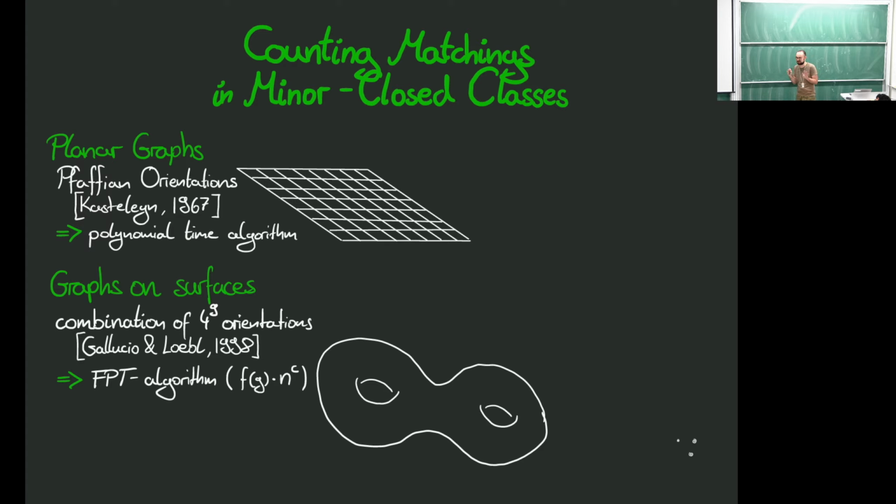Not that I know a lot about crystals. When you say a linear combination of 4 to the g orientations, do you really mean that the permanent is equal to the linear combination of the determinants? In some sense, yes, it depends. For bipartite graphs, the permanent of the bi-adjacency matrix is exactly the number of perfect matchings.